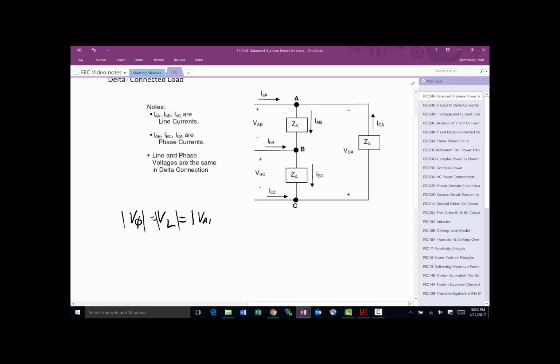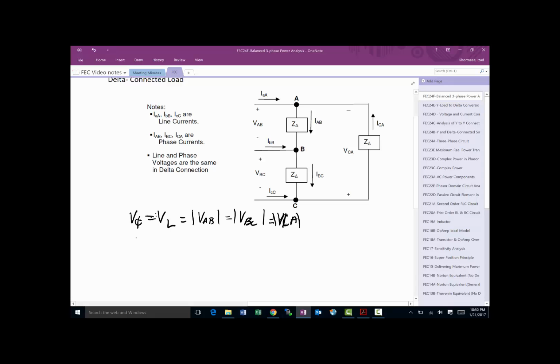It doesn't matter whether we're looking at line voltage AB, BC, or CA. They're all going to be the same, and V phi, you don't need a magnitude on this. So V L and V phi are the same, and all the magnitudes are the same.